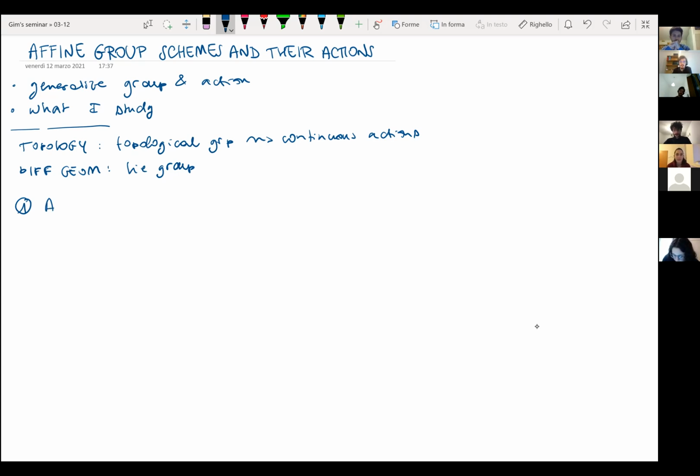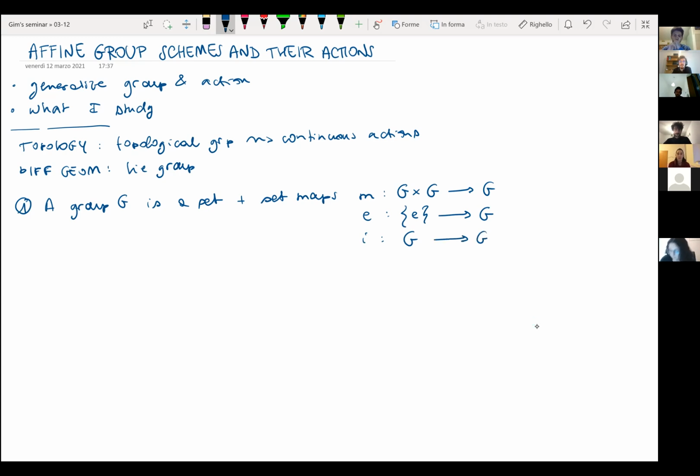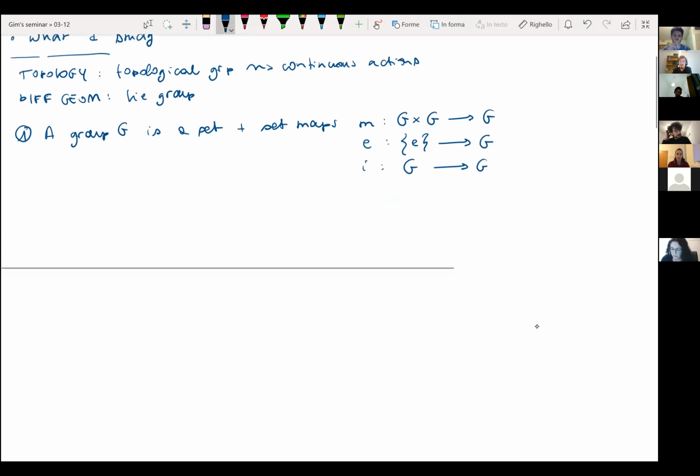I recall that a group is nothing else than a set along with some set maps: a multiplication from G times G to G itself, an identity element, so a map from a single element to G, and an inverse map, which is a map from G to itself. And we want these maps to have some properties.